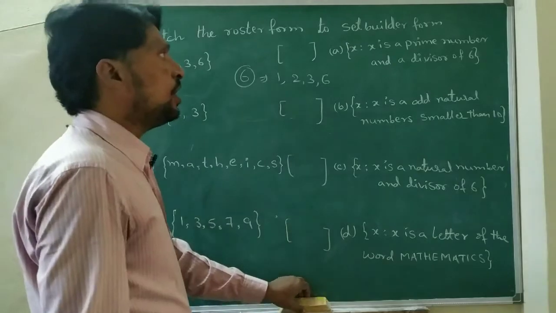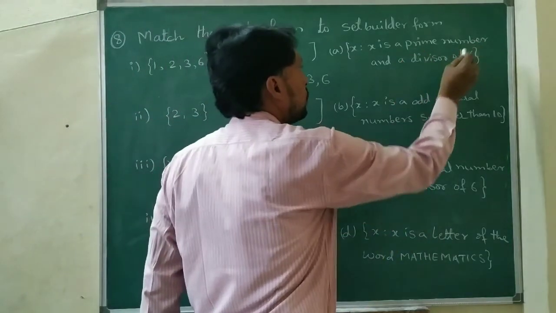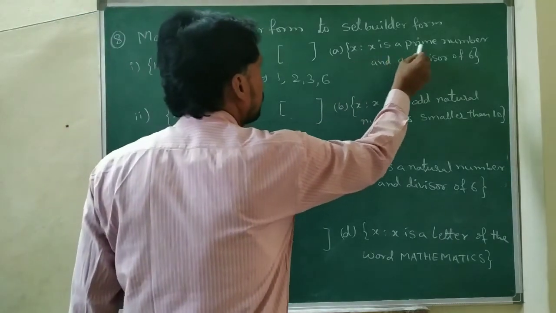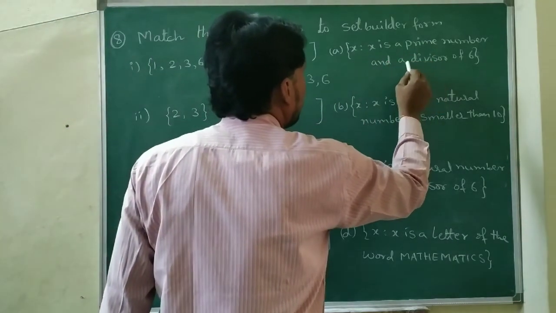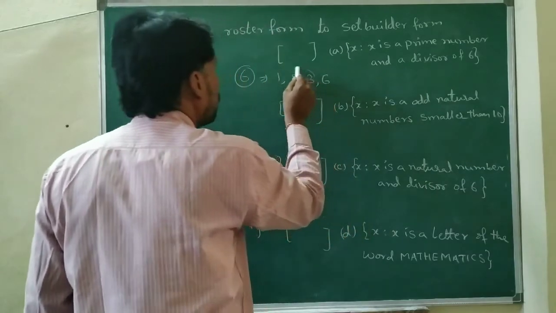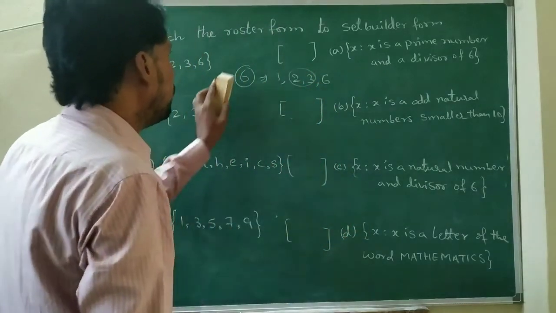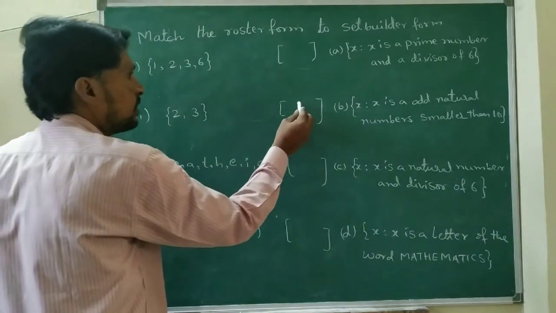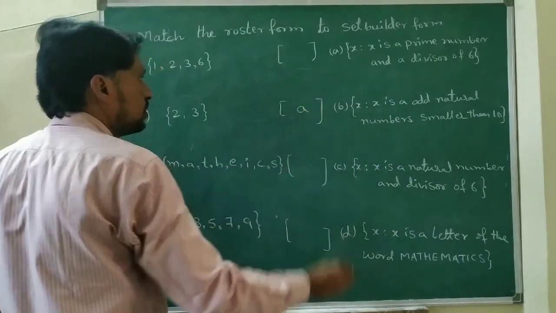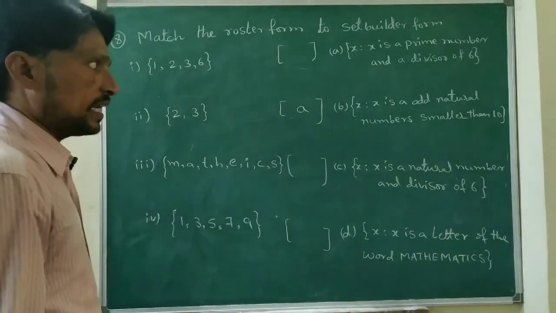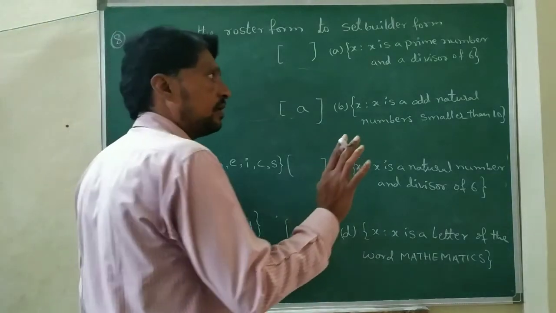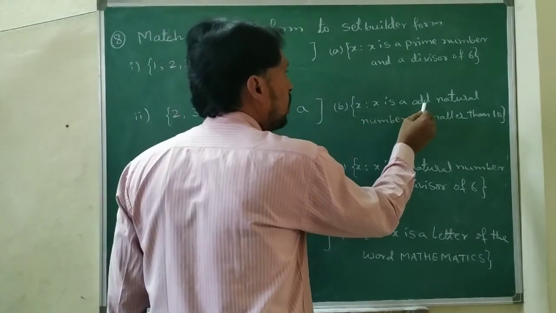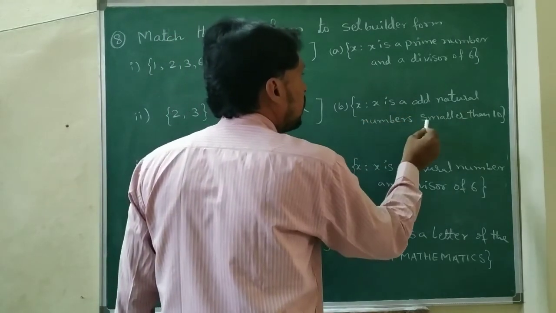In this we need to choose the prime numbers: x is a prime number and x is a divisor of 6. So 2 and 3 are the ones. Means here 2 and 3, we are getting A. This is A.